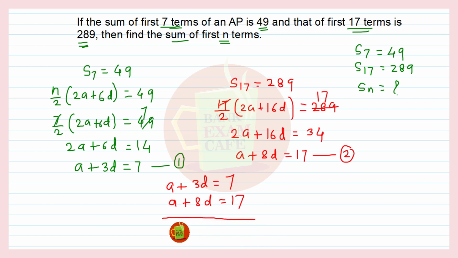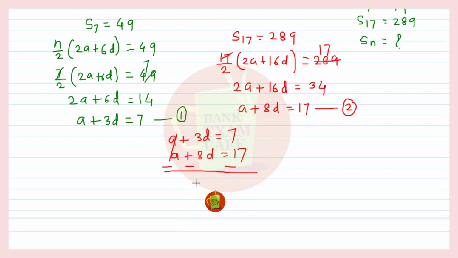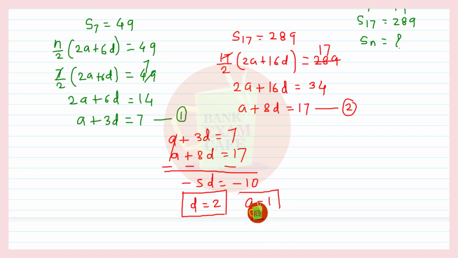And if we subtract this, the signs will change, and so a will get cancelled, and you will get minus 5d, which is equal to minus 10, and therefore d is equal to 2. 5 1s are 5, 5 2s are 10. So you have got the common difference, that is d is equal to 2. Put the value of d in either the first equation or the second equation, and you will get the value of a as a is equal to 1.